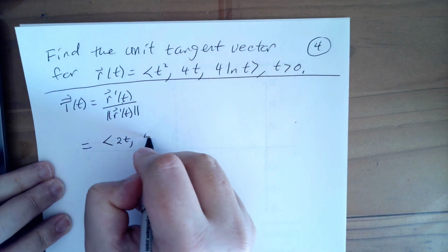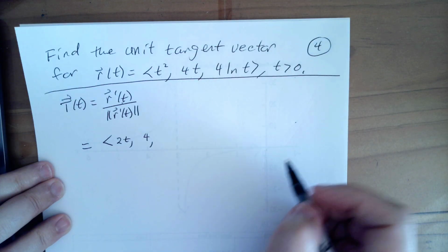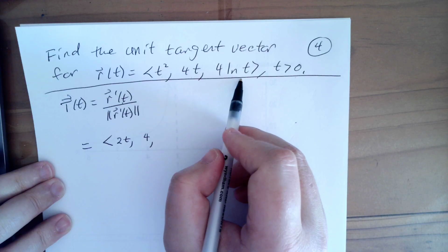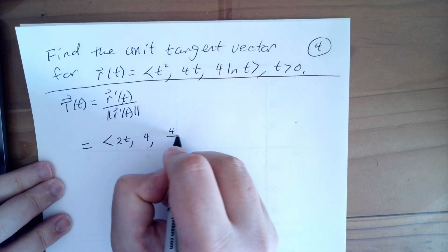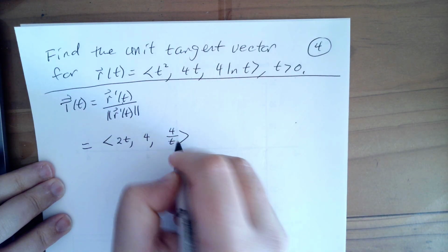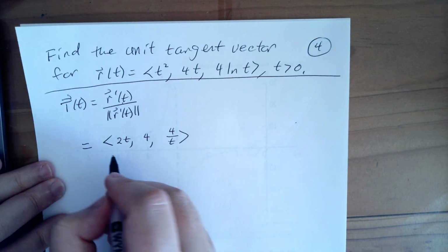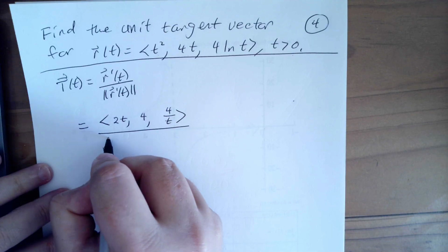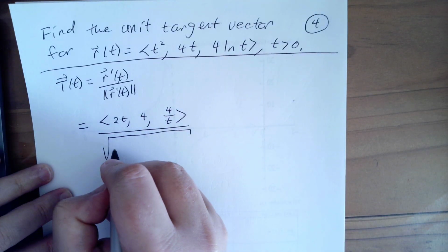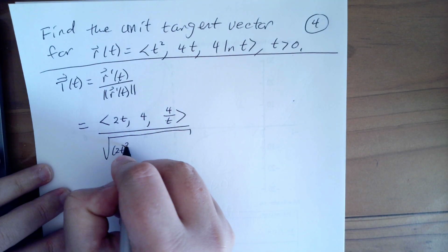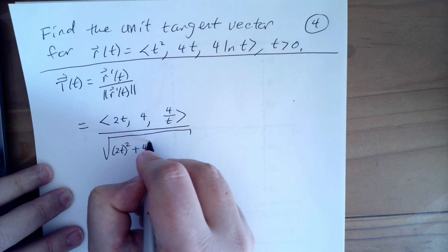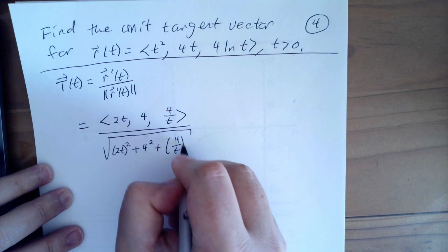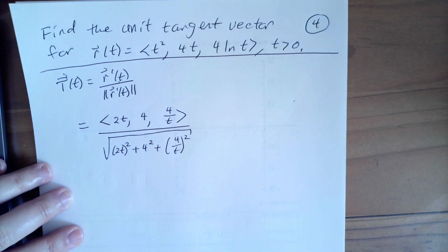This one, 4. This one would be 4 times 1 over t, I'll write this as 4 over t. Divided by the magnitude. Okay, so square root of 2t squared plus 4 squared plus 4 over t squared.